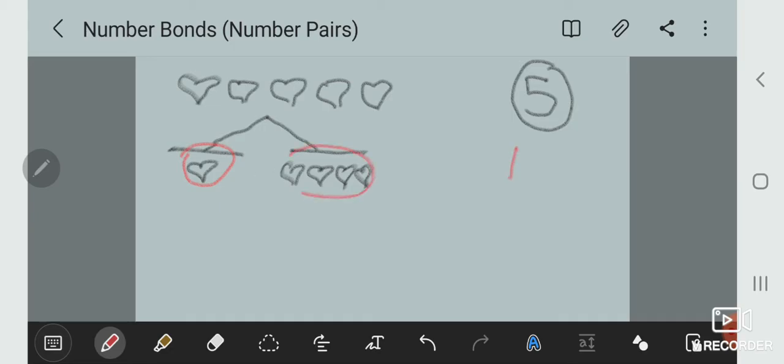And on the other side, I have 4. Do you know what that means? It means the first group or combination of numbers that I can get from the number 5 or the story of 5, we can have 1 and 4 or 1 plus 4. Okay, let me do another one.